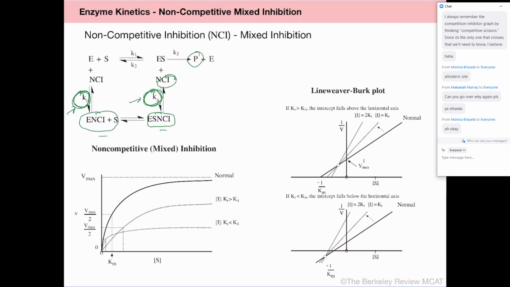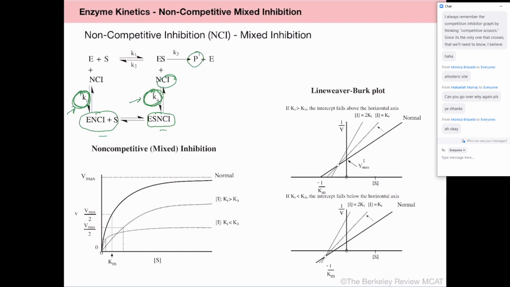So do you see here that if this rate is much more favored than this rate, so you favor the enzyme and non-competitive inhibitor, it's going to act more like a competitive inhibitor than a non-competitive inhibitor, right? If it favors this one more, then it's going to act more like your standard non-competitive inhibitor, okay?